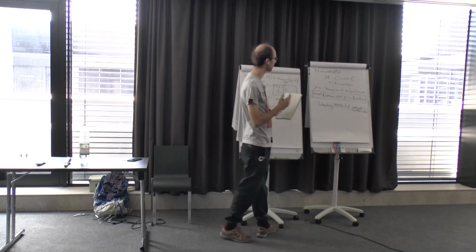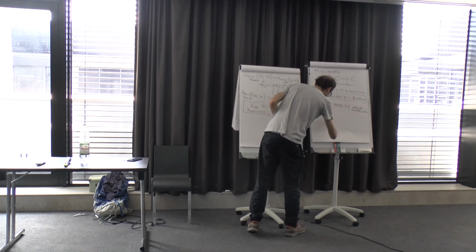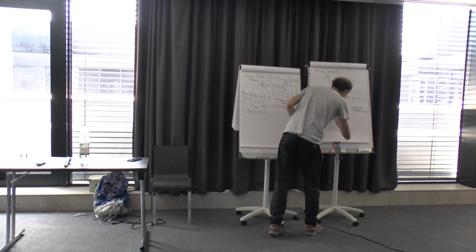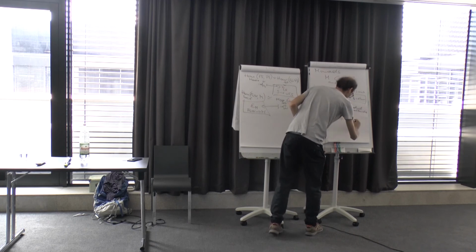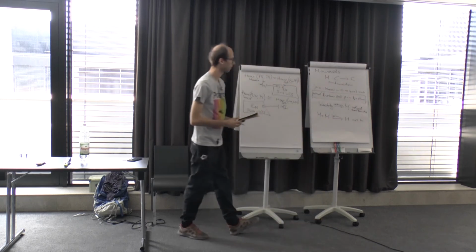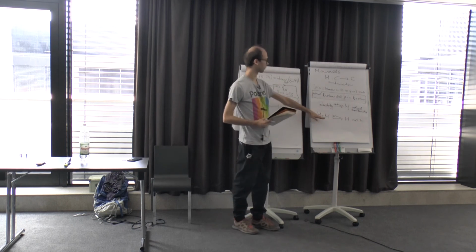And then another natural transformation from M composed with M to M, which we'll call join, also a natural transformation, where this composition is a functor composition.